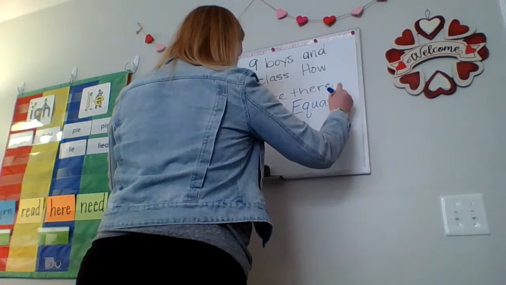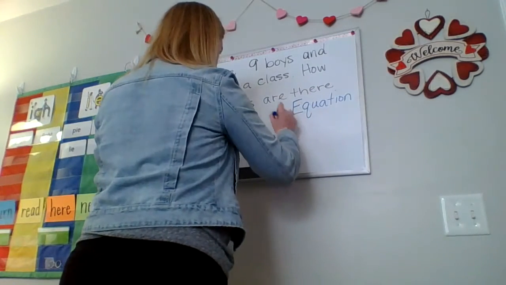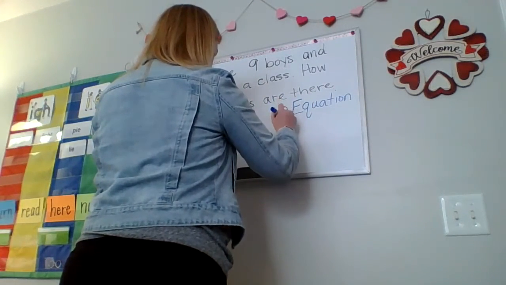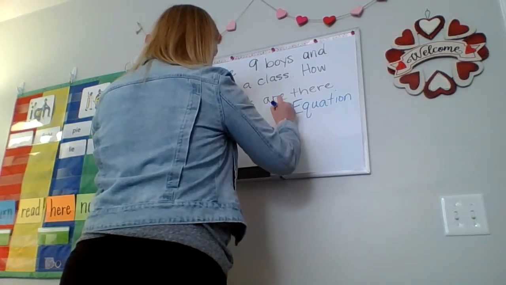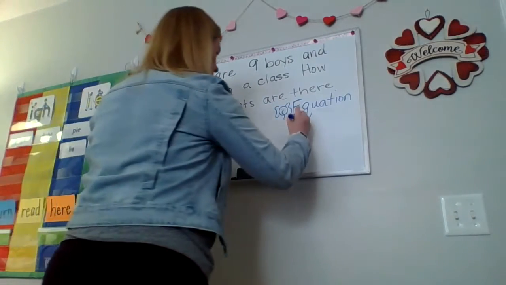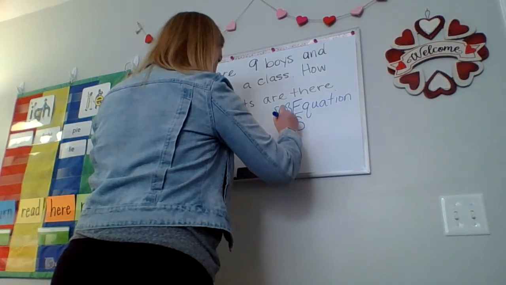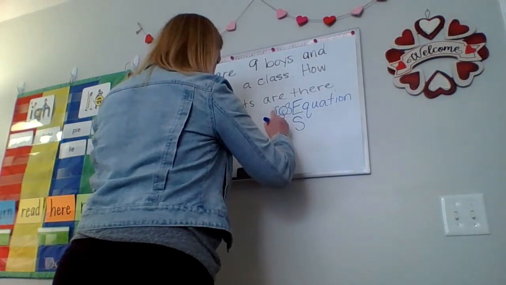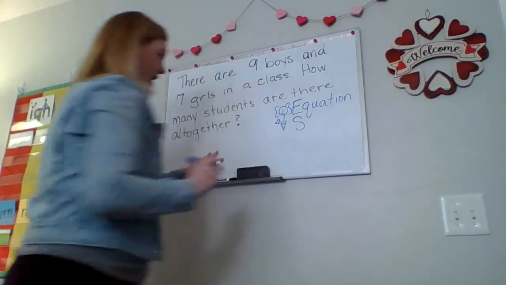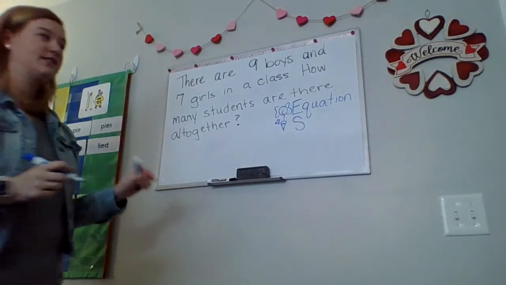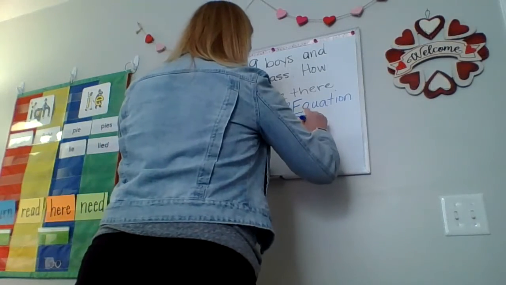So we're going to write an equation. That's elephants. Sing is S. That is your strategy.